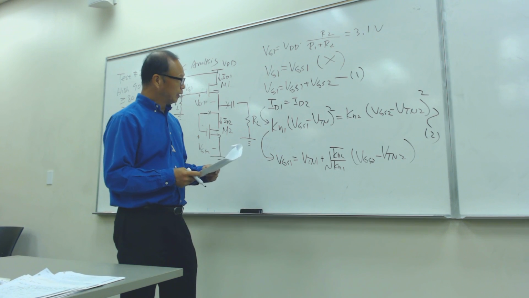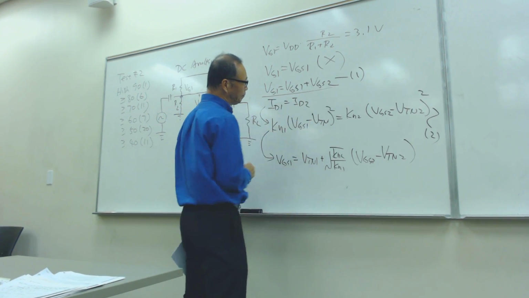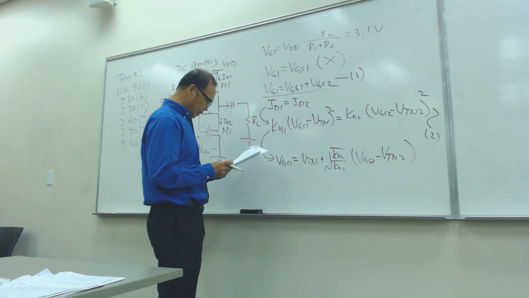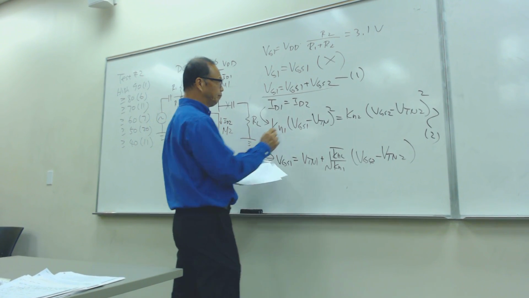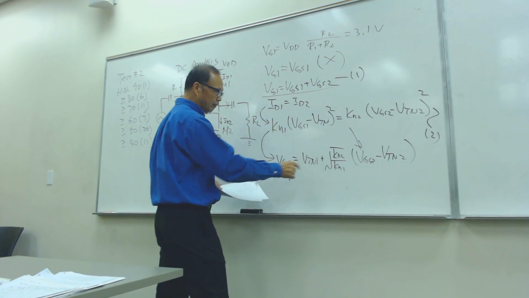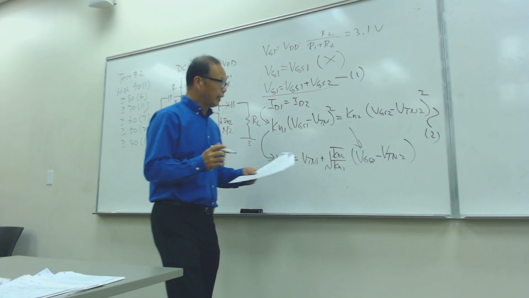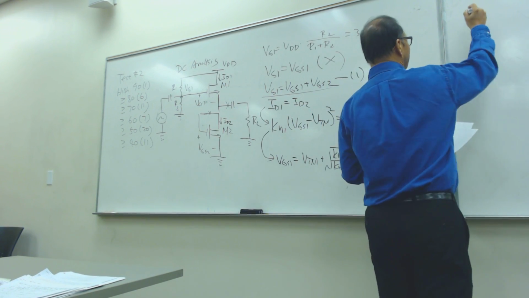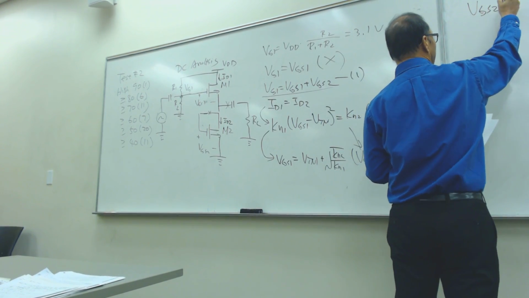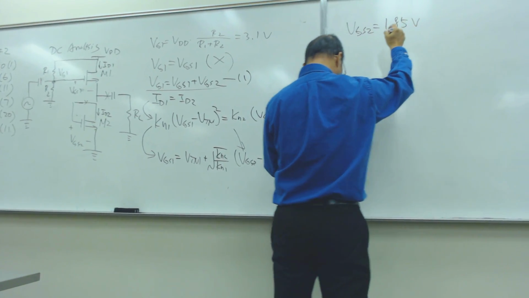Okay? Then I can use this equation, right? Then I can replace this guy to make it VGS1, correct? So anyway, in the end, you can solve for VGS2. It is a quadratic equation, so you have two roots.